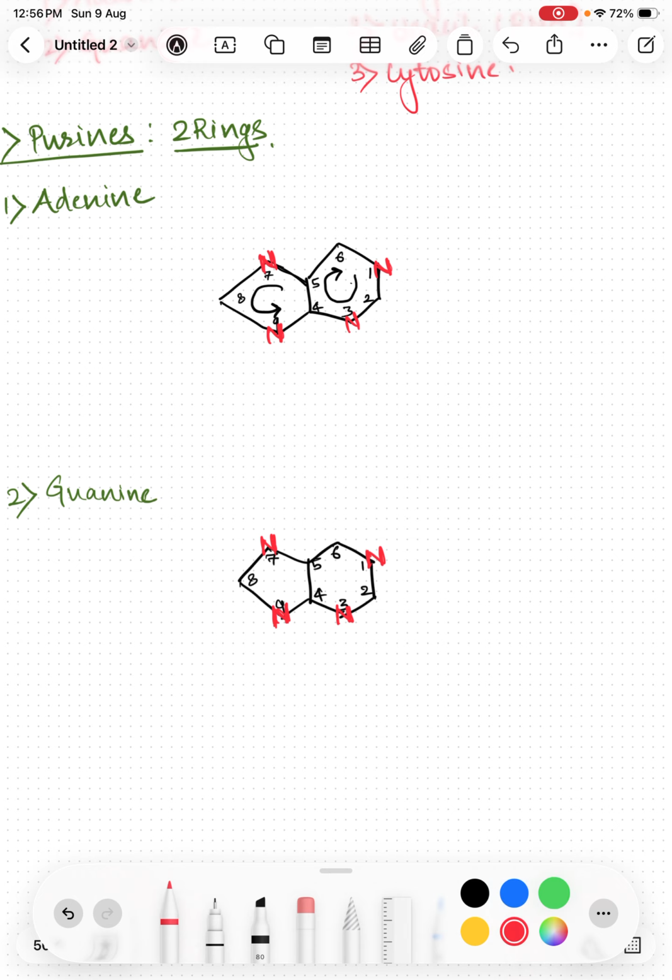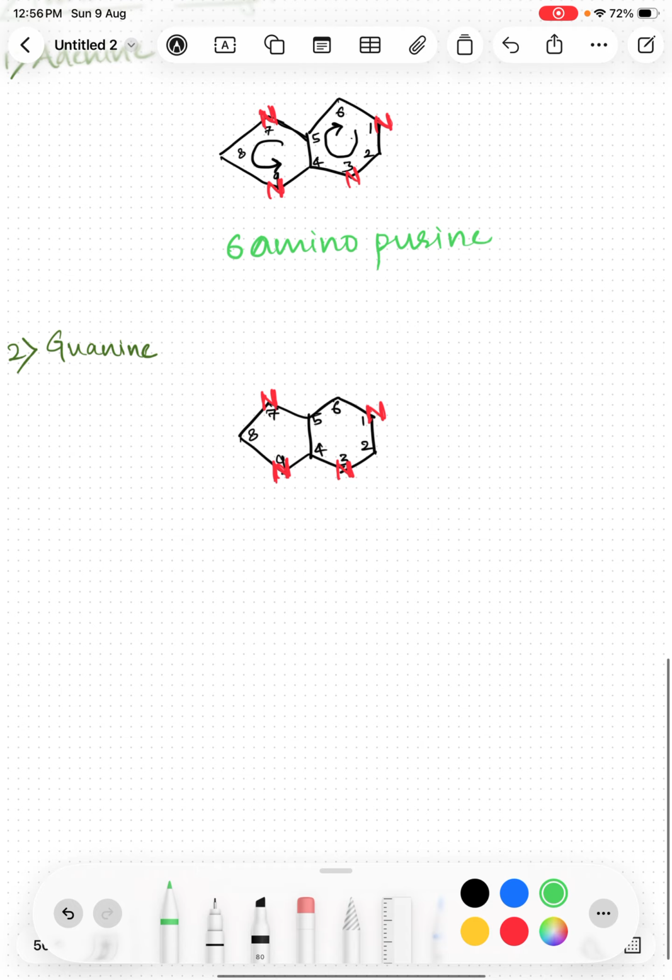So this adenine, which is also called 6-amino purine, and guanine is called 2-amino 6-oxo purine.